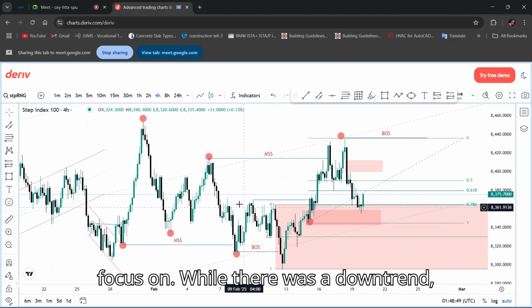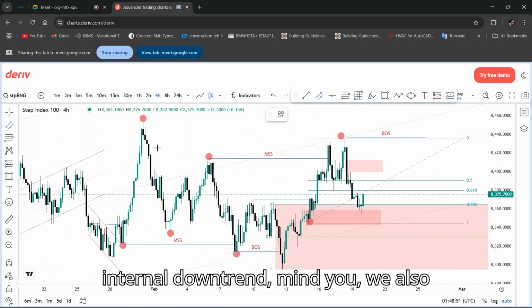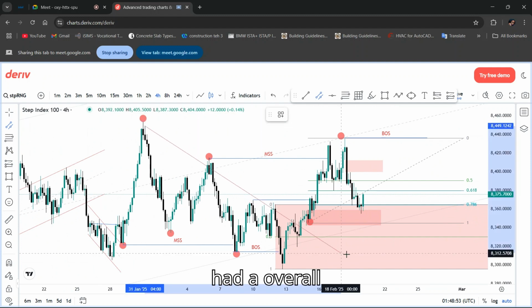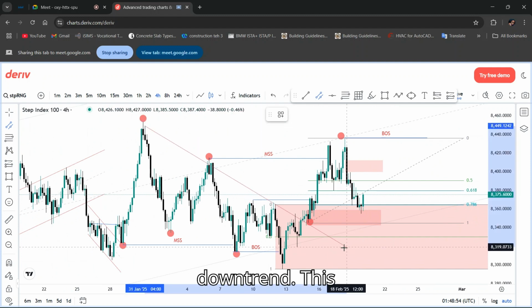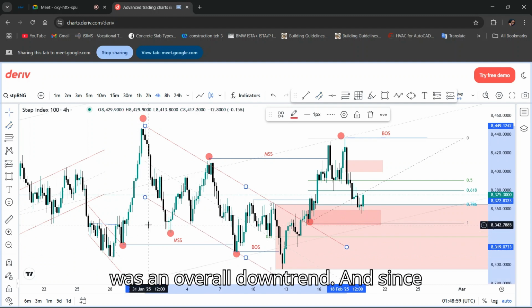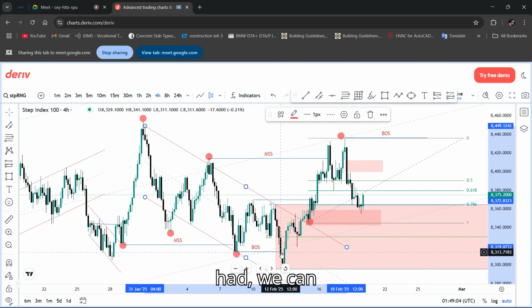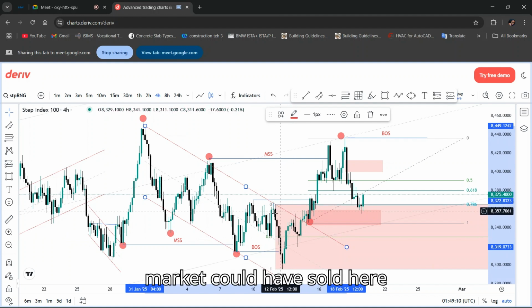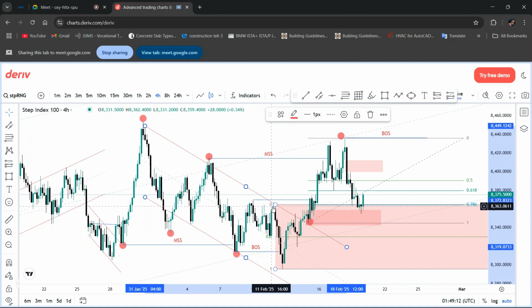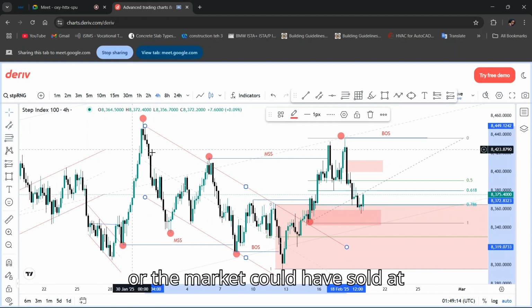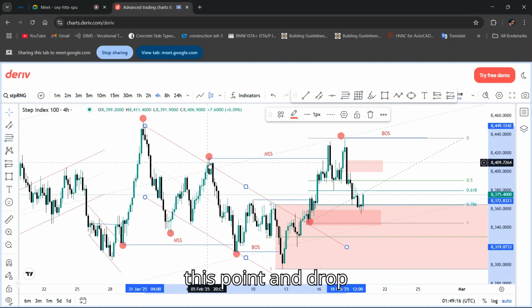And while there was an internal downtrend, mind you, we also had an overall downtrend. And since this was an overall downtrend, we can basically say the market could have sold here, or the market could have sold at this point and dropped.